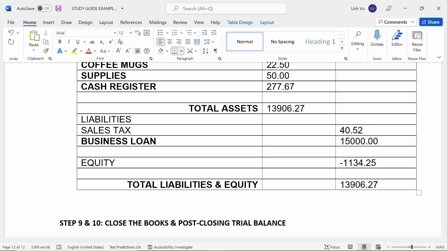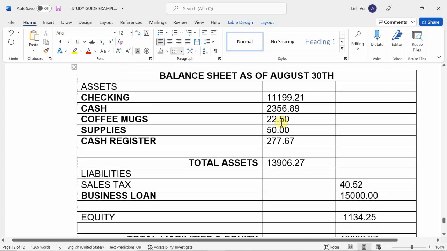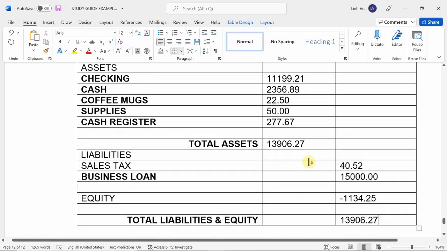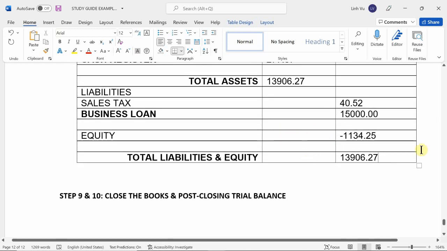So they both equal on both sides here. Again, if you decided to do it this way, where you had the accumulated depreciation, just remember that decreases your assets. So you would have to add these all up and subtract that accumulated depreciation to get this answer here. Okay, so that is what I'm at right there.